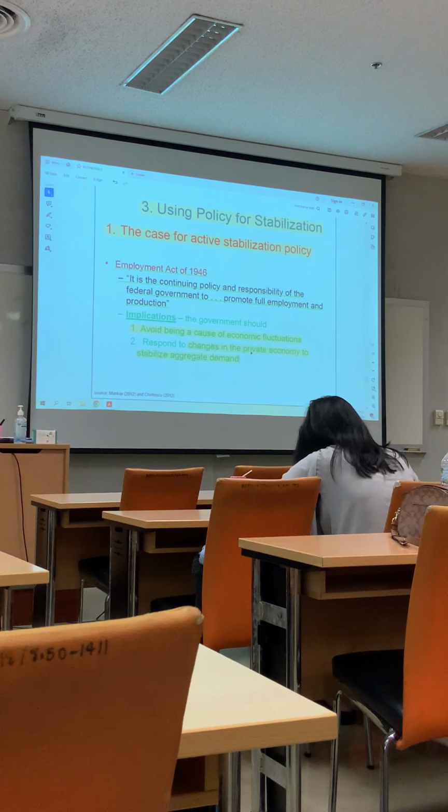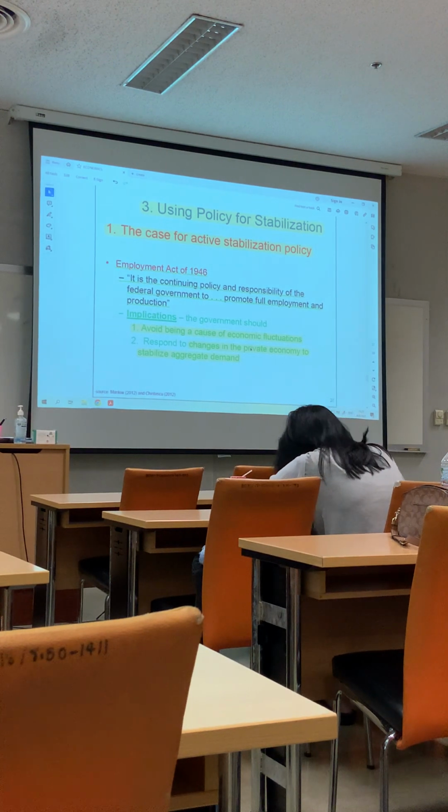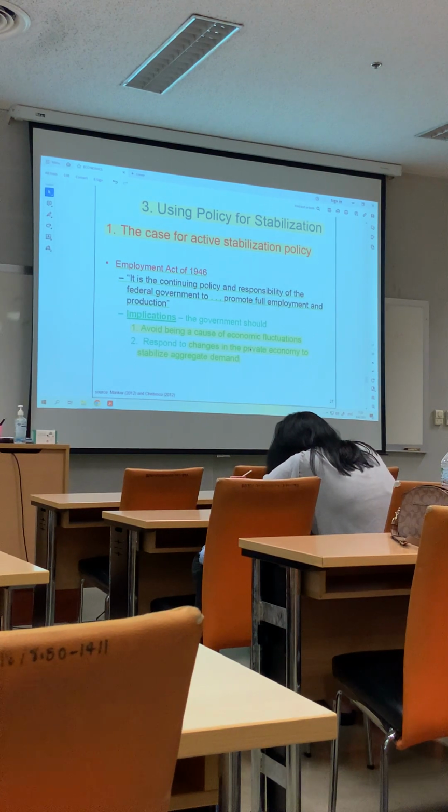They're thinking that aggregate demand, which affects the price level and output, needs to be stabilized, because aggregate demand is the variable that can affect price and output, which can lead to economic fluctuation.